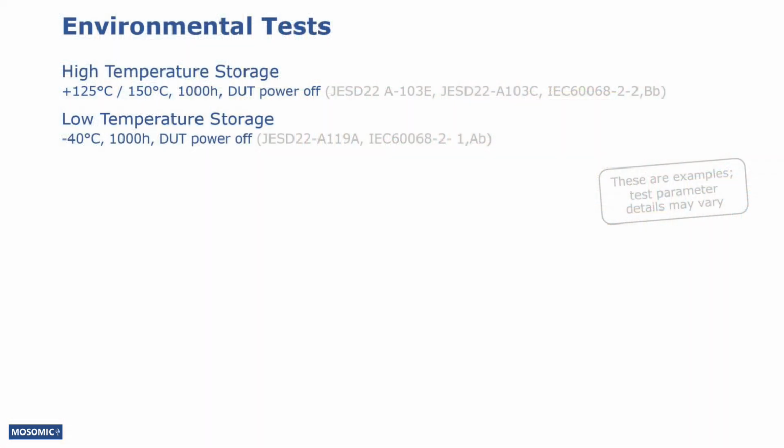The high temperature storage and low temperature storage tests measure, like the name suggests, the microphone's ability to withstand extended storage in hot and cold environments. Typical temperatures for these tests can range from +80 to +150 degrees C for the hot storage and be about -40 degrees C for cold storage.